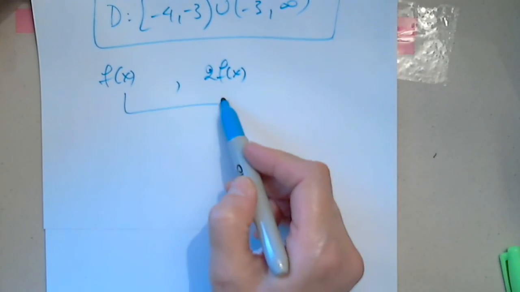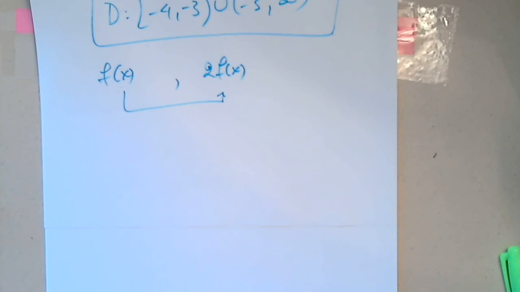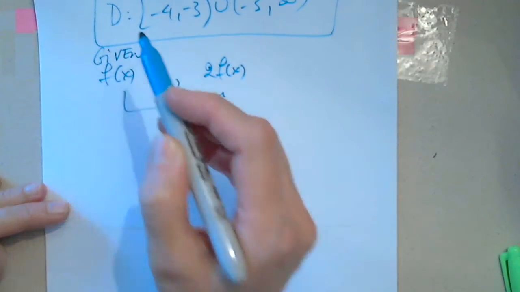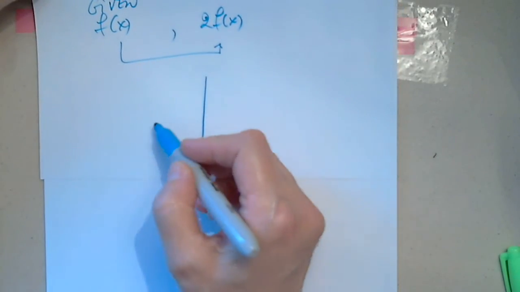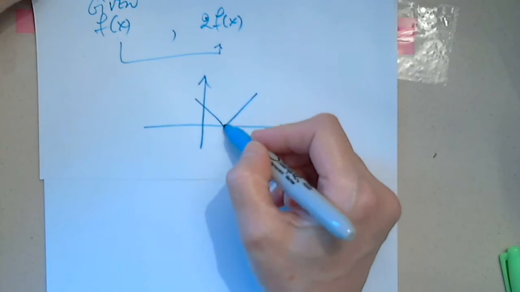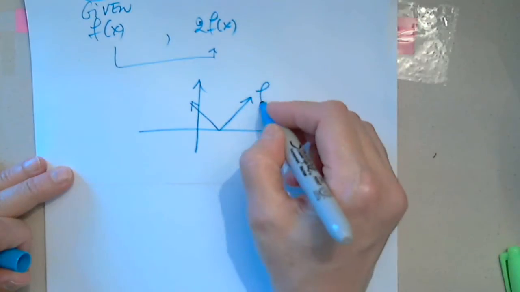What transformation is this of the function f of x? Can you repeat that question? So I'm given function f of x. So let's say this is the function f of x.